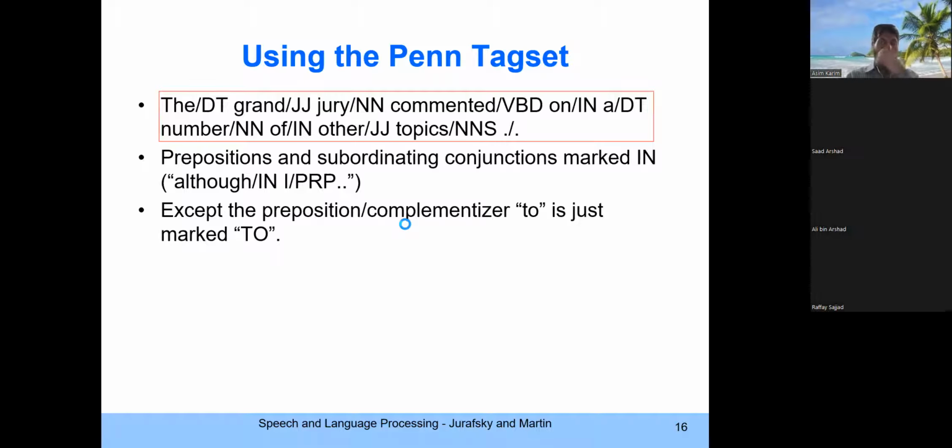So here's an example where the Penn Treebank is used to tag sentences, and of course we are using the appropriate abbreviations that the Penn Treebank has proposed for these tags.